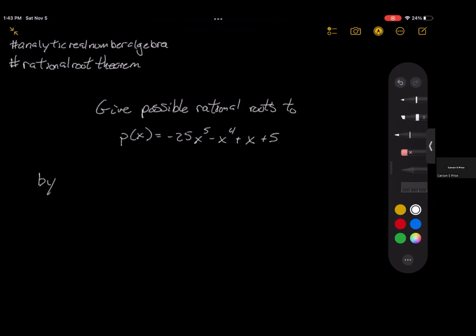So by the rational root theorem, the possible rational roots take a specific form.